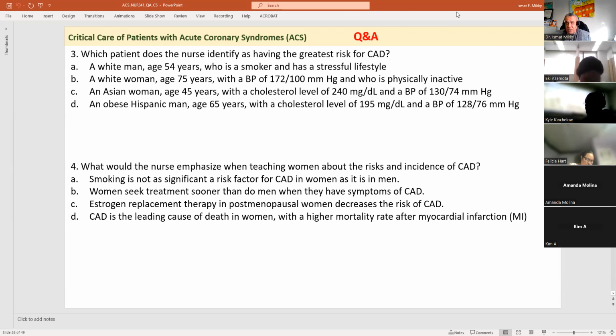The hormone estrogen replacement, and I think we talked about this at some point in class, the hormone replacement therapy and the Women's Health Initiative, and the impact of these hormones on women's health.